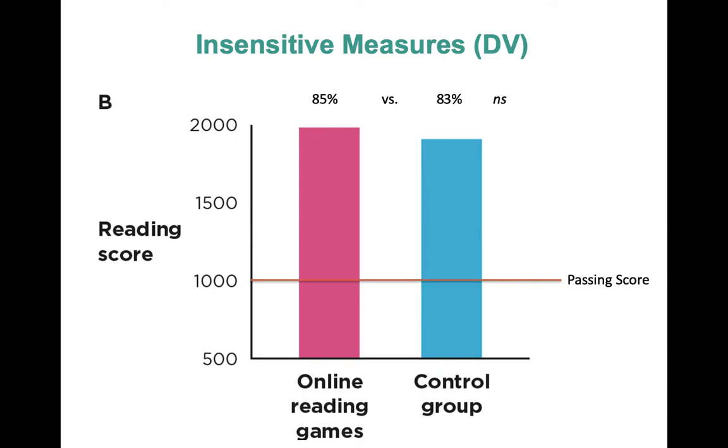The second possibility would be that the dependent variable is insensitive. So this was the study in which researchers had participants take a GRE prep course involving online reading or a control group. And let's just say the conclusion is that taking the GRE prep course didn't have a significant effect on GRE scores. This null result could be because the researchers didn't operationalize their dependent variable with enough sensitivity.